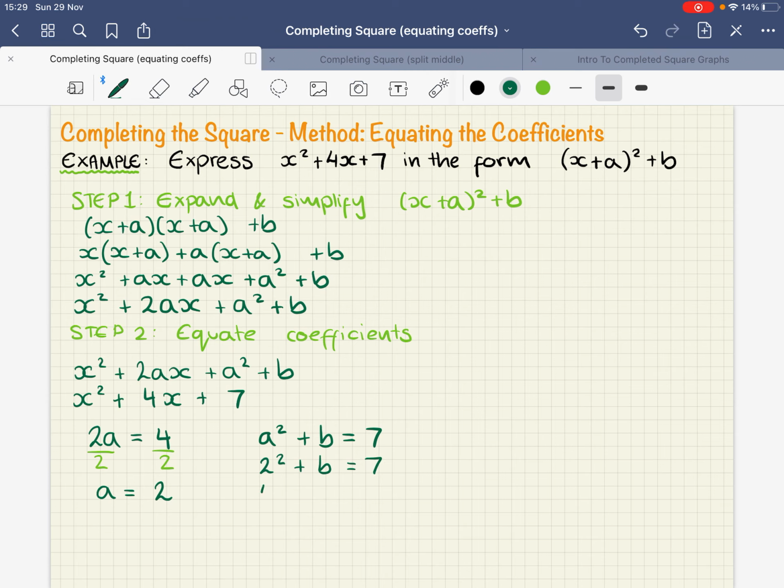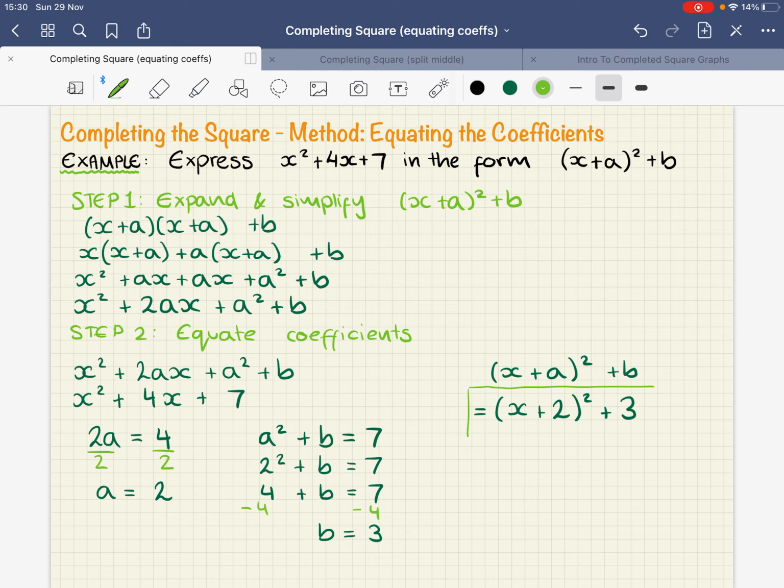And 2 squared is 4. Then I can now quite easily isolate that b. If I take away the 4 on both sides, I end up with b equals 3. So if I look at my end goal of x plus a squared plus b, I now know a is 2 and b is 3. And so that is my final answer for that question.